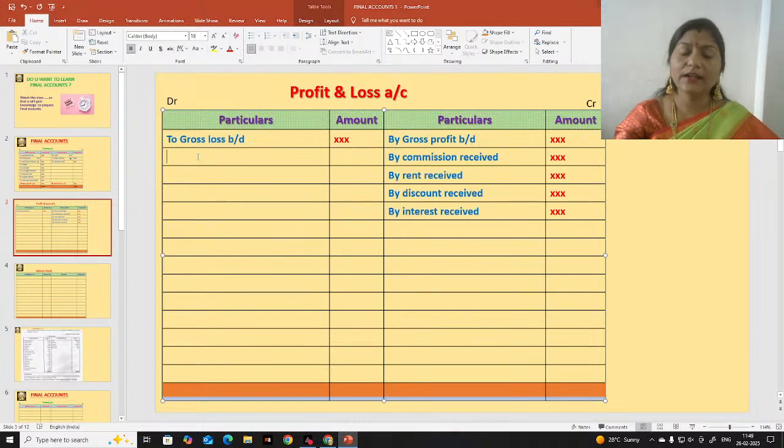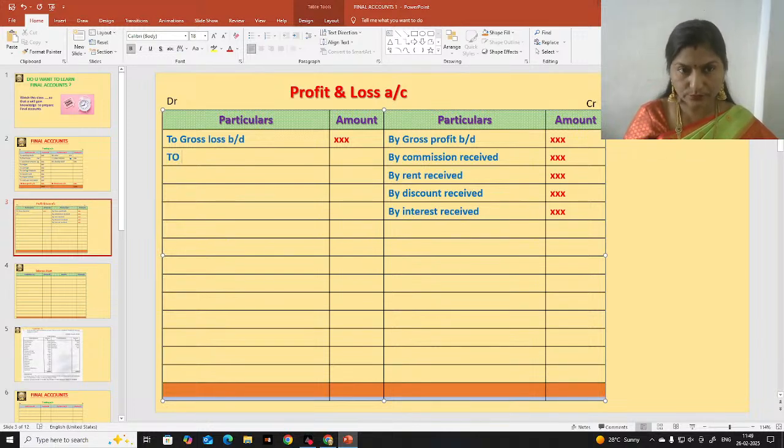And on the debit side, we are going to write all expenses. What kind of expenses do we record? Office related expenses and selling related expenses. Okay, so let us write that. What kind of items are there? Let us write it.